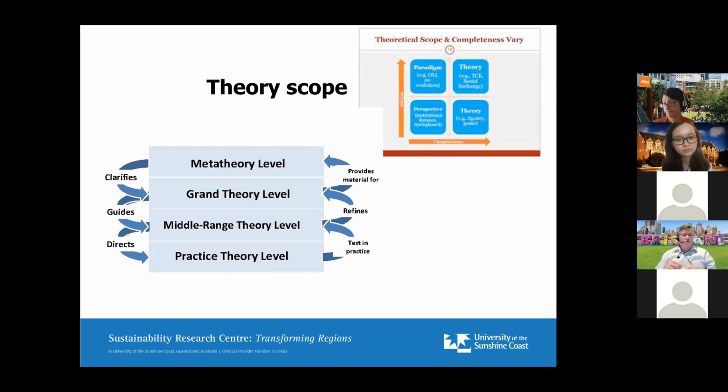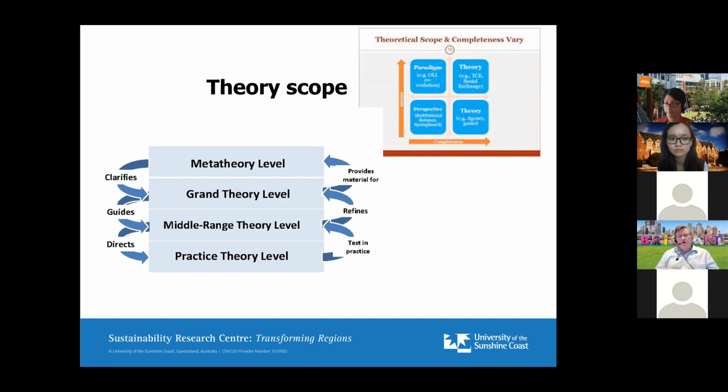Sometimes people talk about the meta theory level, which I think is what people might call a paradigm. The meta theory level that I ascribe to is the paradigm of realism. There are grand theory levels, theories which seek to explain all phenomena within their scope.